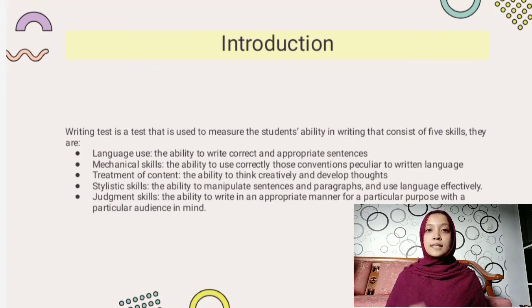The fourth is stylistic skills, which is the ability to manipulate sentences and paragraphs and use language effectively. The last is judgment skills, which is the ability to write in an appropriate manner for particular purposes with a particular audience in mind.